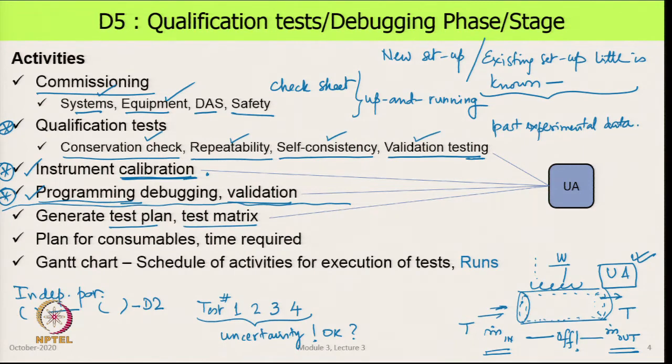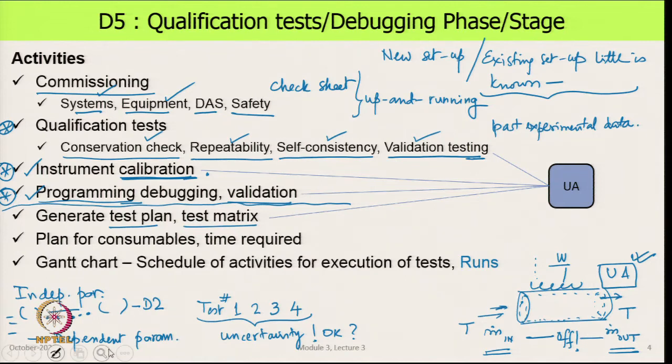So many parameters were there, each one of them has a range on which you want to take data, and there are some others which the experiment will give us, which we call the dependent parameters.